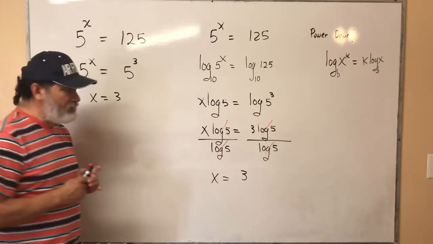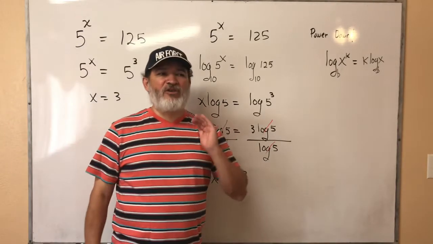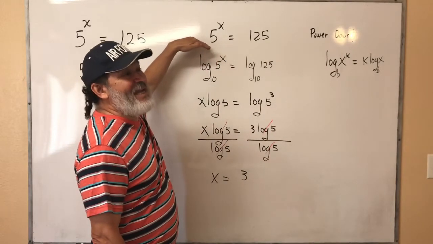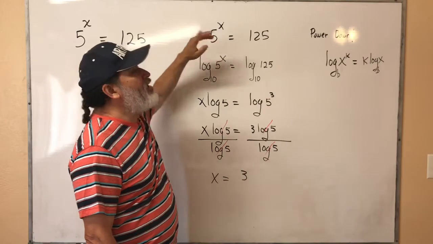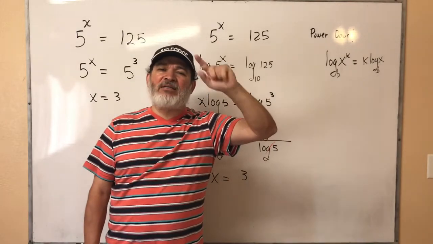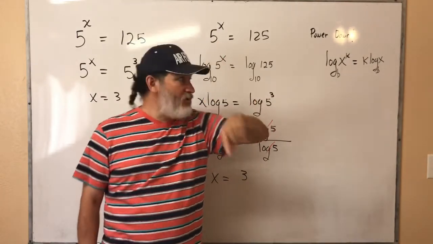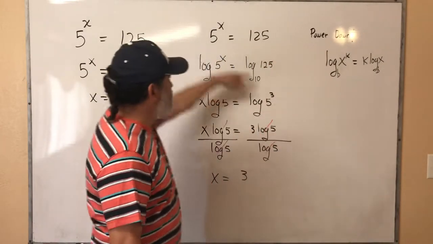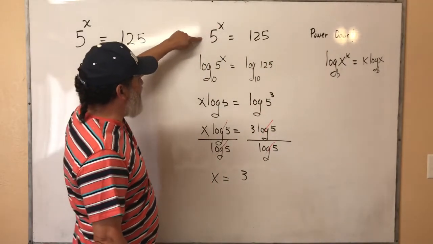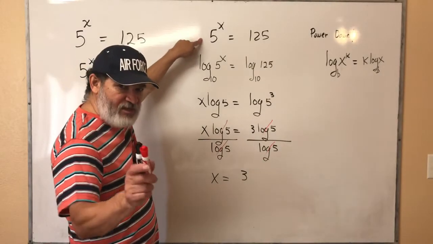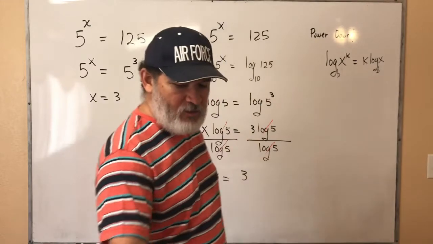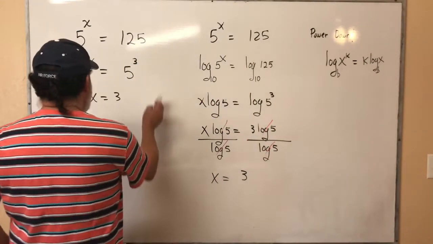Listen, whenever you have to solve an exponential equation, the power must come down. That's why I say power down. This power needs to come down. Don't forget that. Okay? So here's another one. Let's solve another one.